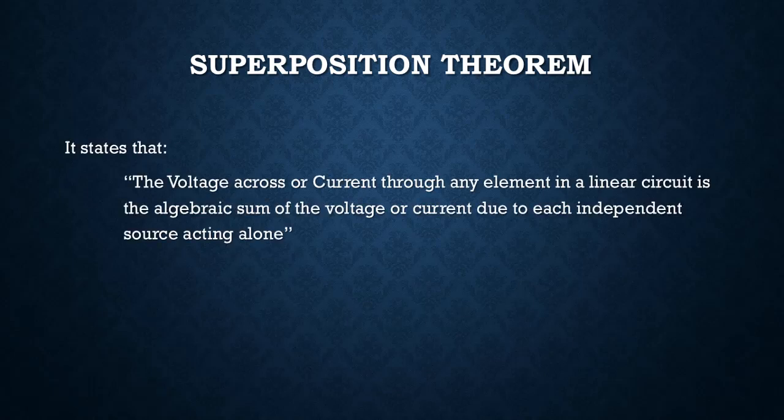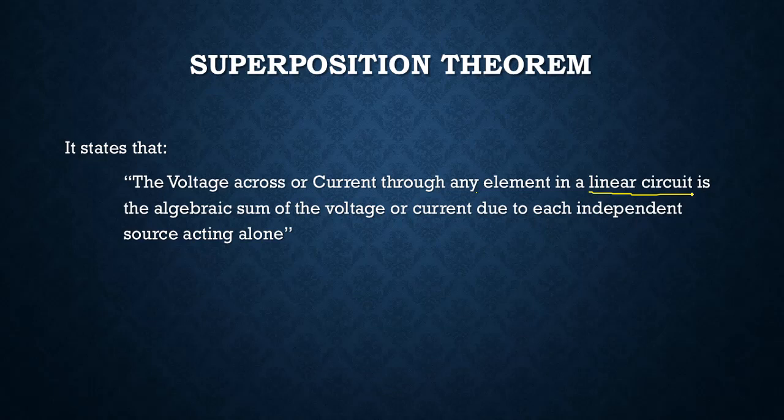So what it says is that the voltage across or the current through any element in a linear circuit is the algebraic sum of the voltage or current due to each independent source acting alone. This is what we have discussed. One thing is important: this theorem is only applicable to linear scenarios. That means it is only applicable to voltage and current, because they are linear as per Ohm's law.